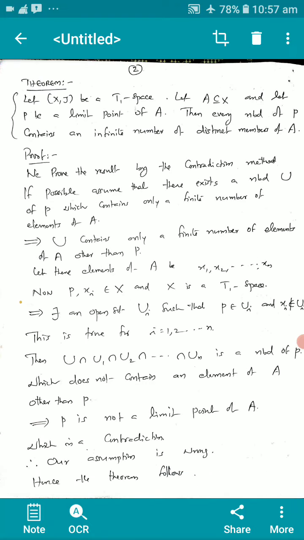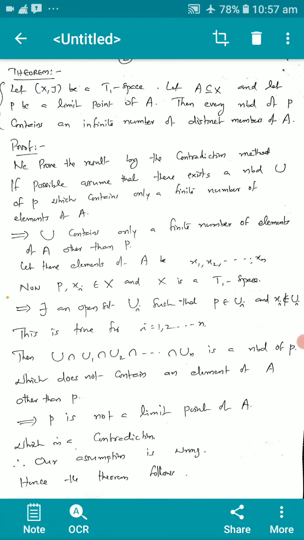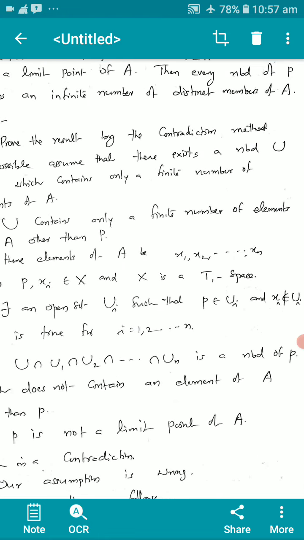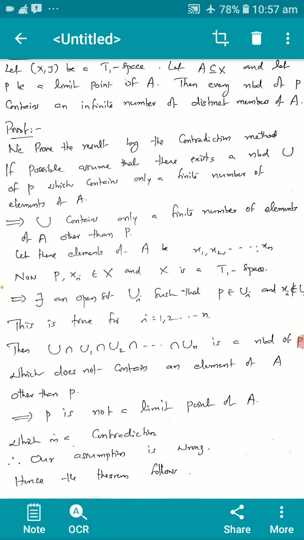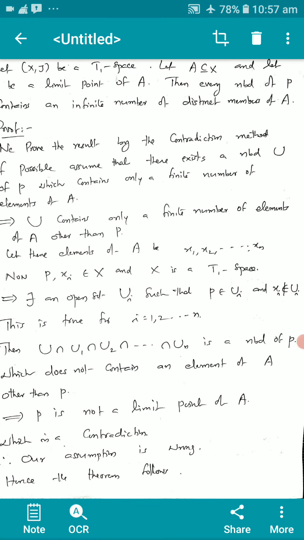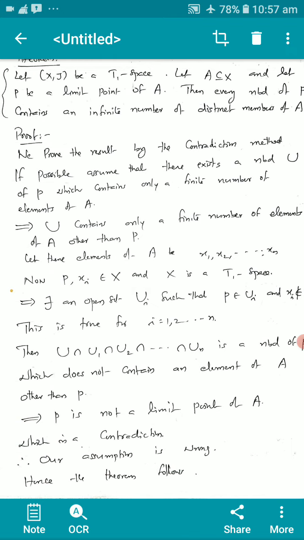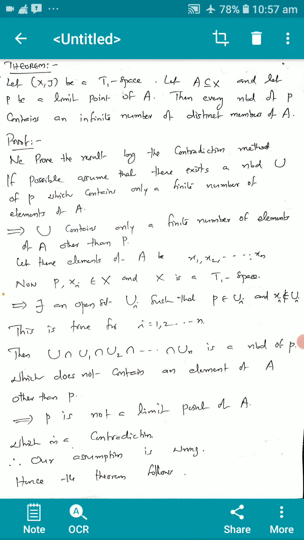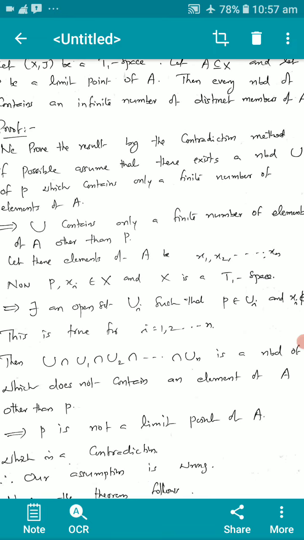If possible, assume that there exists a neighborhood U of P which contains only a finite number of elements of A. This implies U contains only a finite number of elements of A other than P. Let these elements of A be x1, x2, etc., xn.